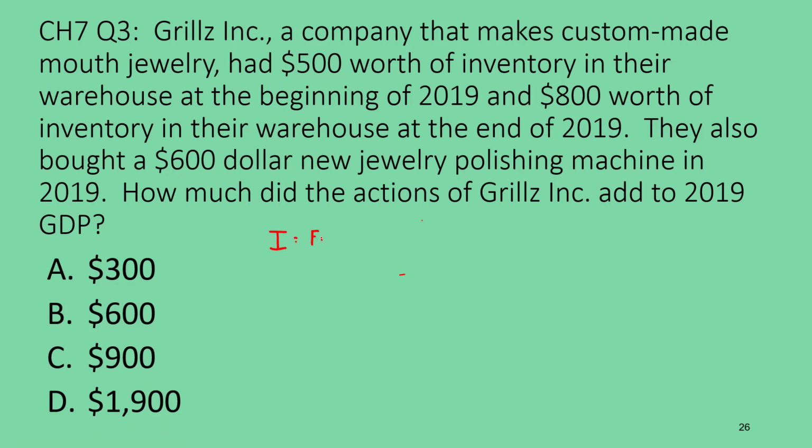Remember the formula for this I component: it's equal to fixed investment plus our inventory investment. And remember, our inventory investment is the amount of inventory we have at the end of the year, our ending inventory, minus how much we had at the beginning of the year, or our beginning inventory.